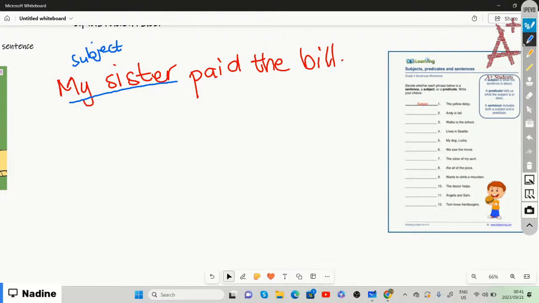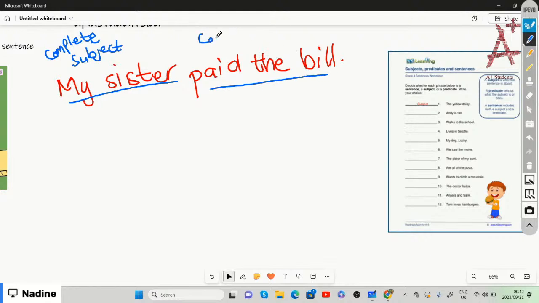And this is a complete subject, right? Let's say complete subject, because a simple subject would have just been sister. And if we look at the predicate, which is a complete predicate, then it will be paid the bill.